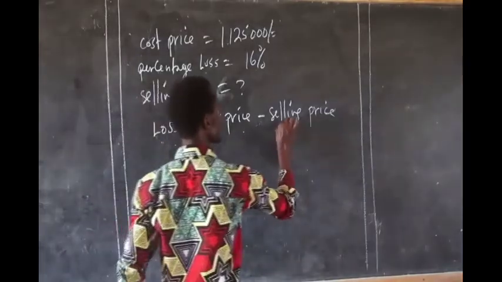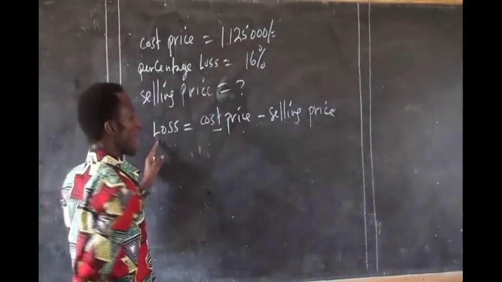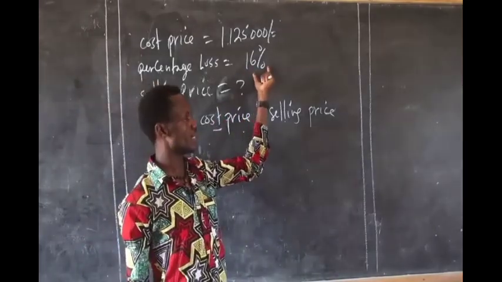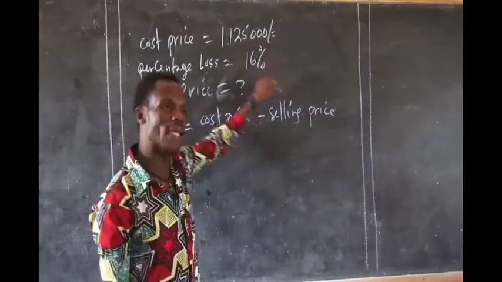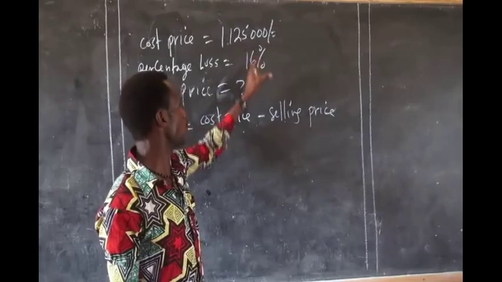Remember, the selling price is not there, the cost price is here. The loss also is not there, but it is written in terms of percentage. So we can convert this percentage into a whole number.